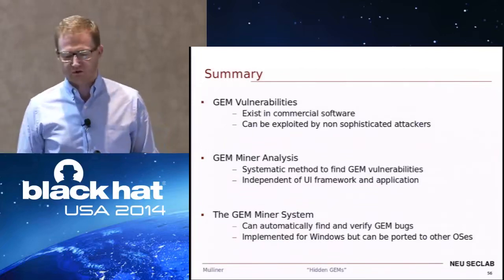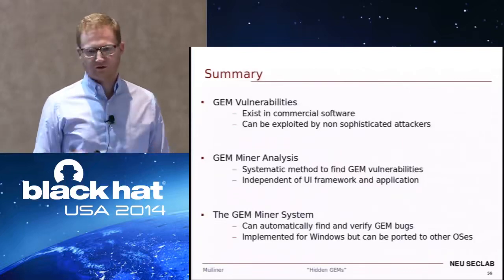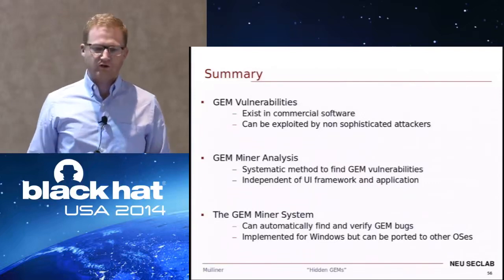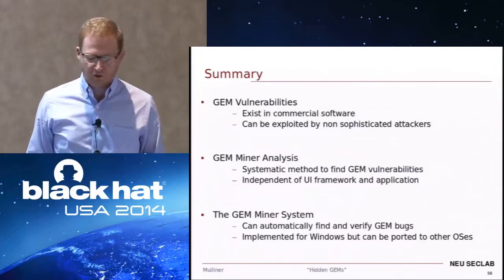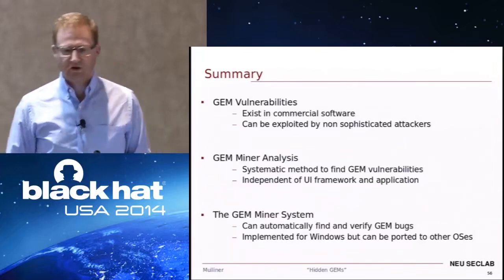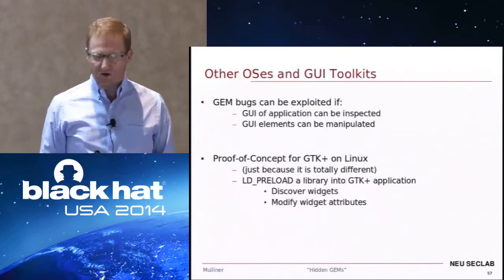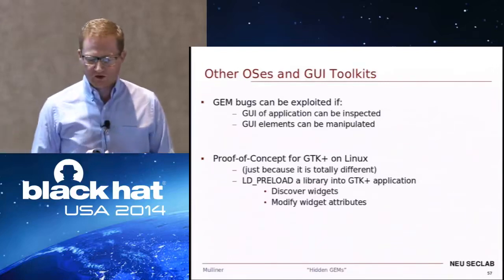And the test is really independent of the UI framework, as long as you can address the base widgets. With the system, we managed to automatically find a bunch of bugs. Right now it's obviously implemented for Windows, but I think you can port it to some other operating systems. And actually, we also looked a little bit at other operating systems.